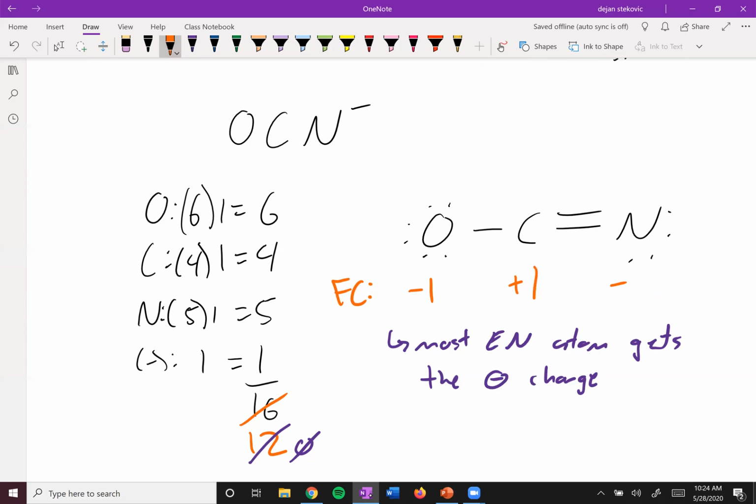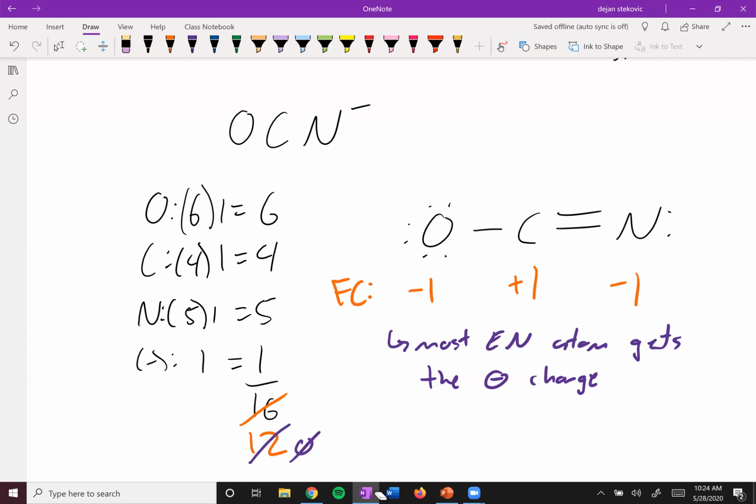So this will be +1, -1. And now we have to do this again, right? Carbon still doesn't have an octet, and it still doesn't have a formal charge of 0. And again, the reasoning here is the same. We don't pull them from the oxygen because it's more electronegative, so we're going to let its negative charge stay there. We're going to pull from the nitrogen.